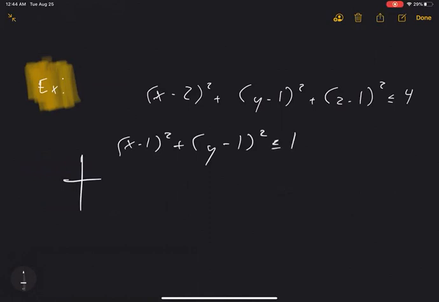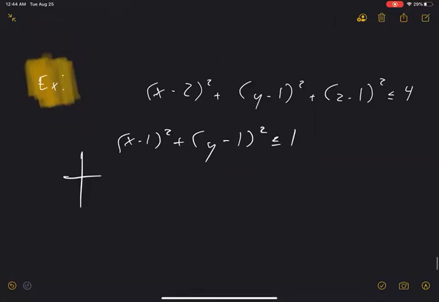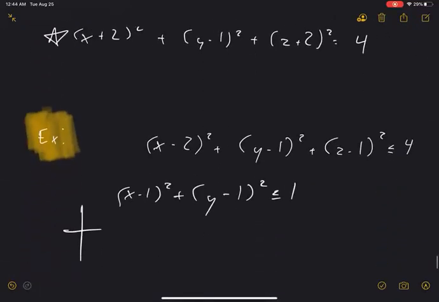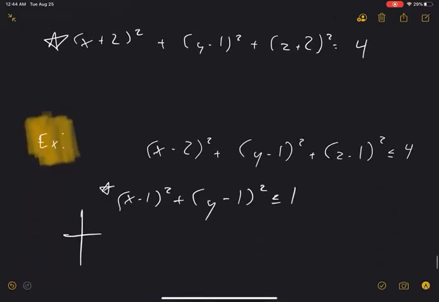What is this? Well, if this was an equal sign, this equation would be a circle. If this was an equal sign, this would be a circle of radius 1 centered at the point 1, 1, right? So maybe a circle that looks like that.